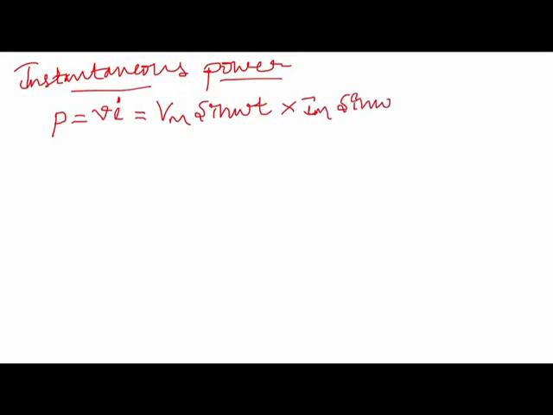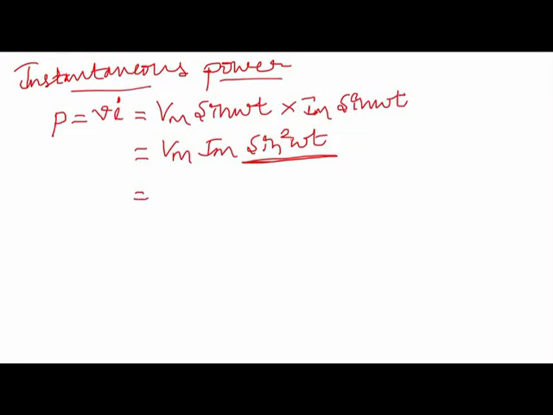So from this equation, if we rewrite this, this will be Vm Im sin square omega t. So we can apply some trigonometrical formula for this sin square omega t.